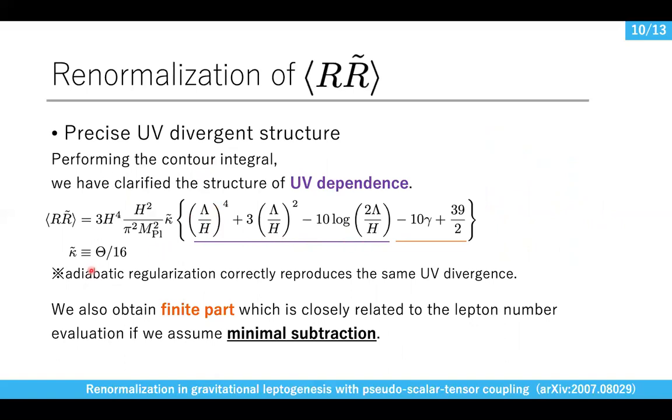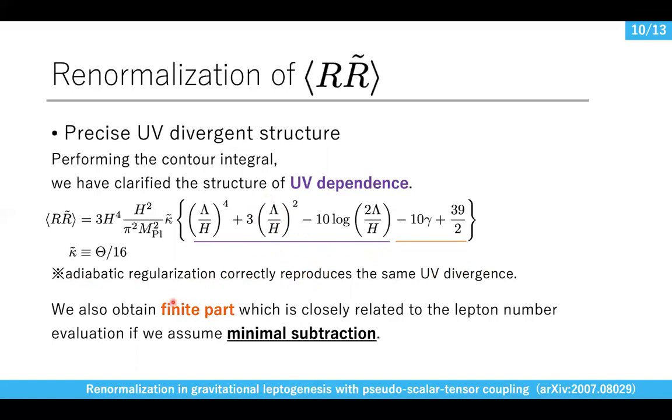And we also performed the adiabatic regularization by using the adiabatic vacuum, and it also correctly reproduces this same UV divergence, so this fact confirms the correctness of our calculation.